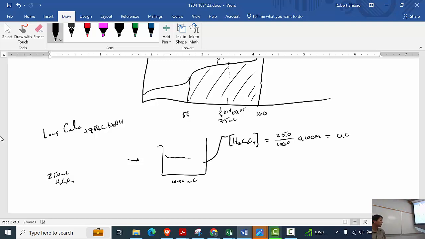So this should be 0.0250. All right, and then the sodium hydroxide is going to be a 75 to 100. This is going to give me 0.0750.